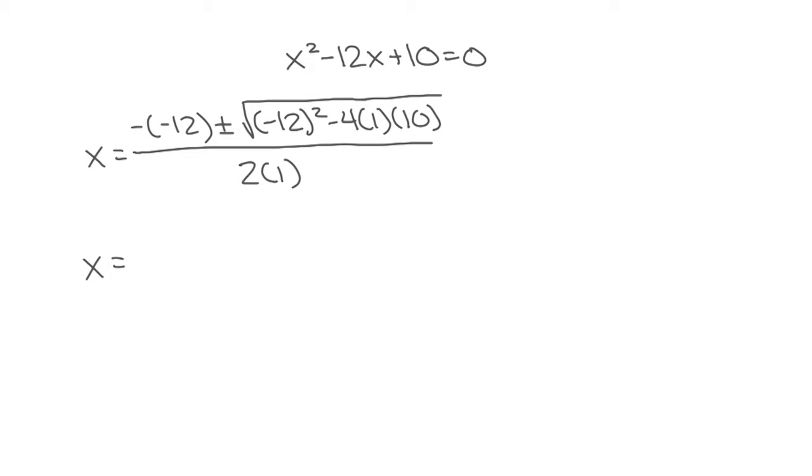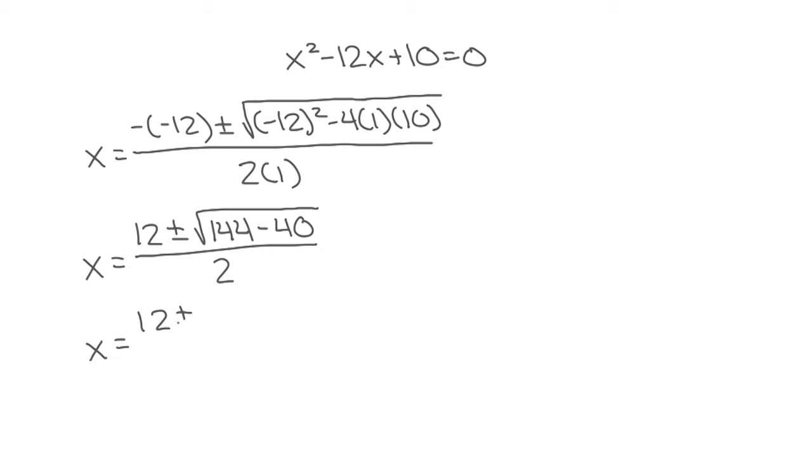Simplifying, we have x is equal to 12 plus or minus the square root of 144 minus 40, all divided by 2. Simplifying the radicand, we have x is equal to 12 plus or minus the square root of 104, all divided by 2.